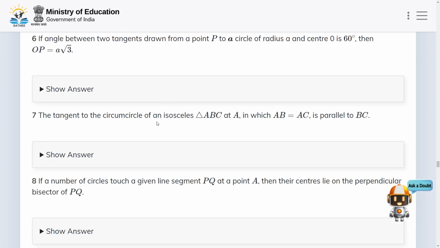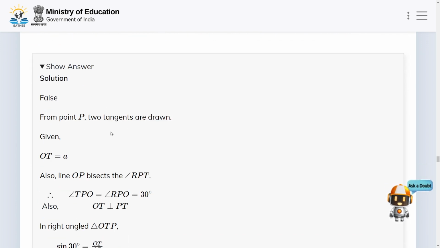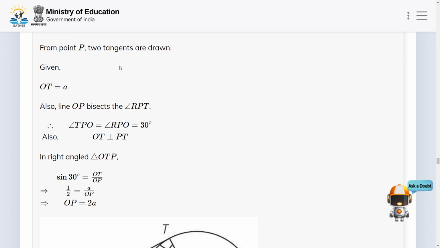In the next problem, we have: if the angle between two tangents drawn from a point P to a circle of radius A and center O is 60 degrees, then OP is A times root 3. Let us check. From point P, two tangents are drawn.